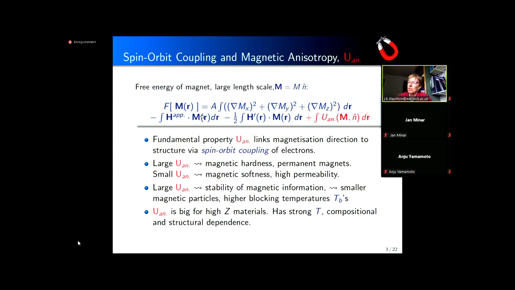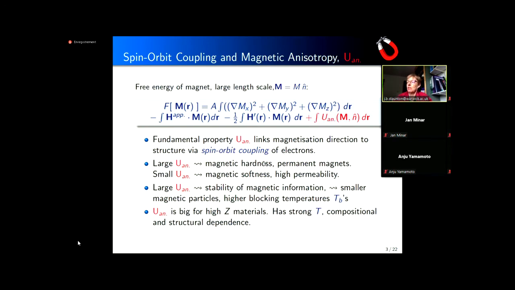There's the interaction with an applied magnetic field. There's also a piece that depends on the shape of the material, the shape anisotropy, where the dipole-dipole interaction comes in. But for the focus of this talk, I'll be digging into what drives the magnitude and the nature of that anisotropy term.